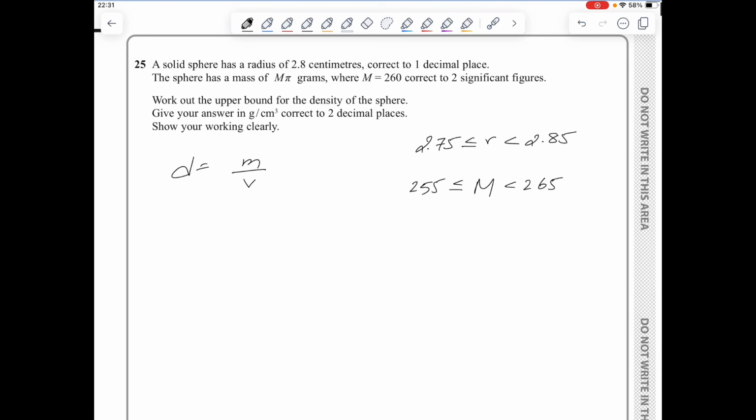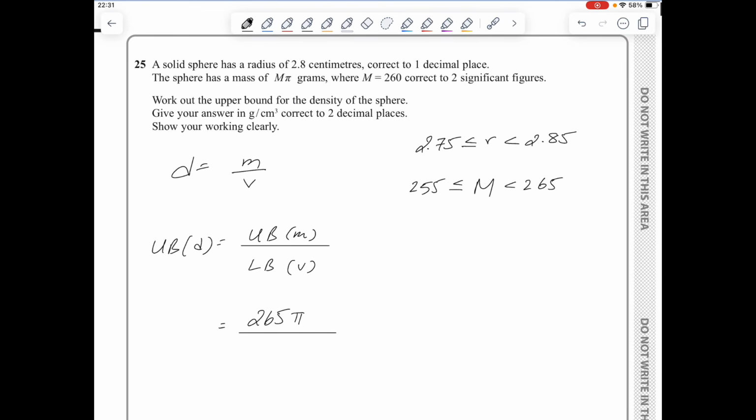So the upper bound of the density is equal to the upper bound of the mass over the lower bound of the volume, and the upper bound of the mass is equal to 265 times pi. Now remember, mass is M pi, and now I need to find the lower bound of the volume.